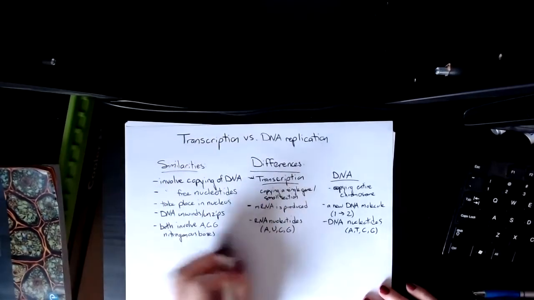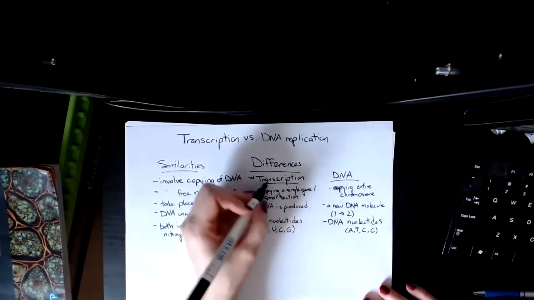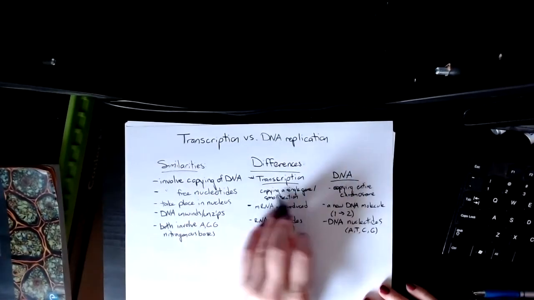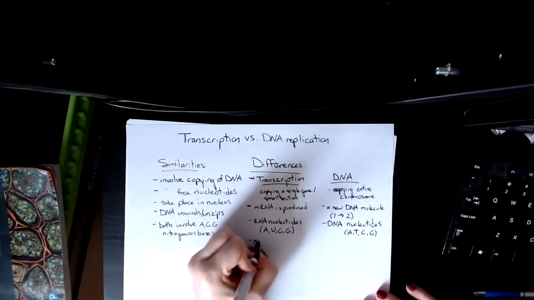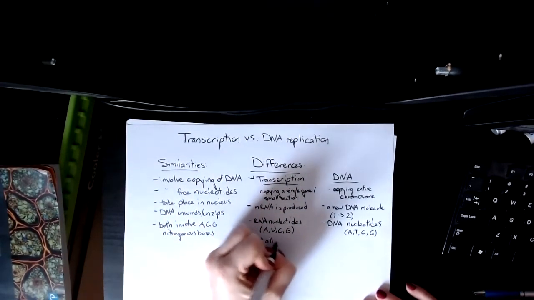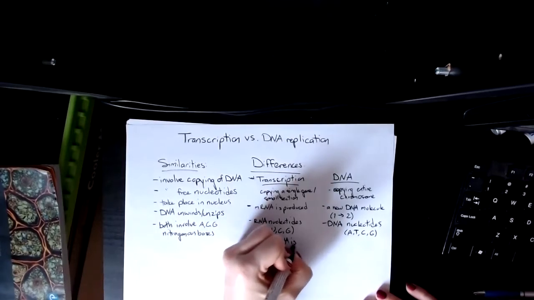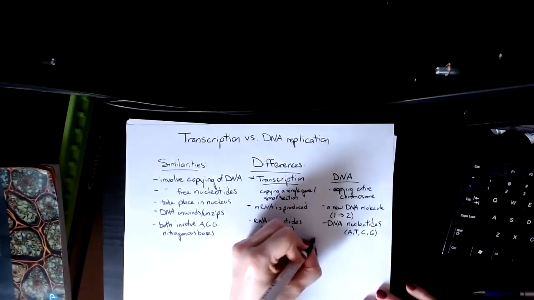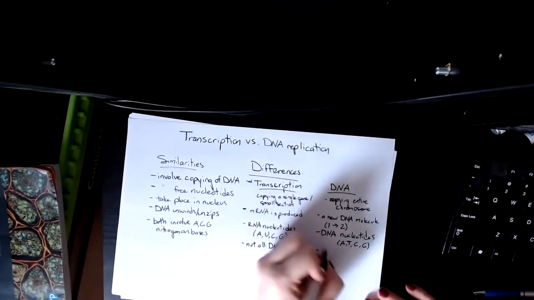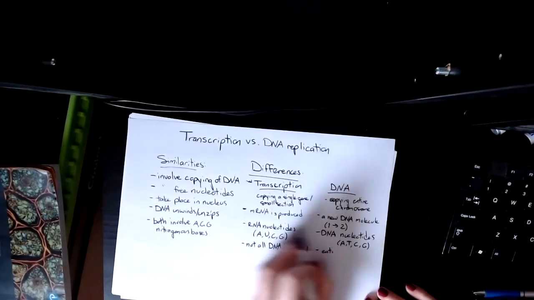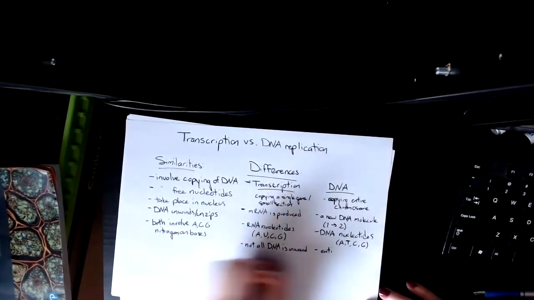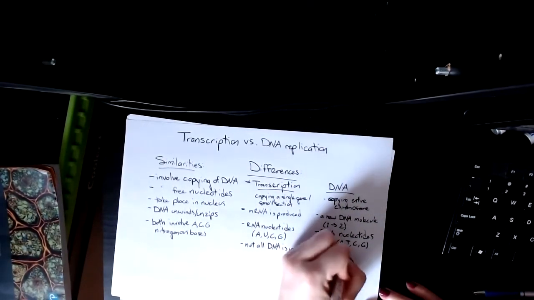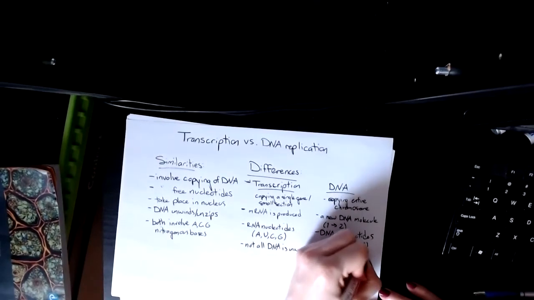They both unwind or unzip, but because you're either copying the entire thing or only a single gene, you could talk about how not all of the DNA is unwound in transcription, whereas in replication the entire DNA molecule is unwound.